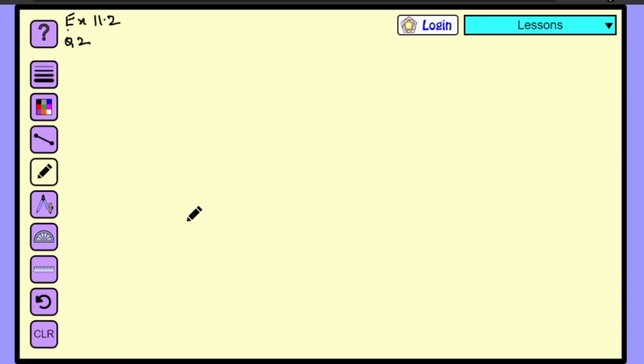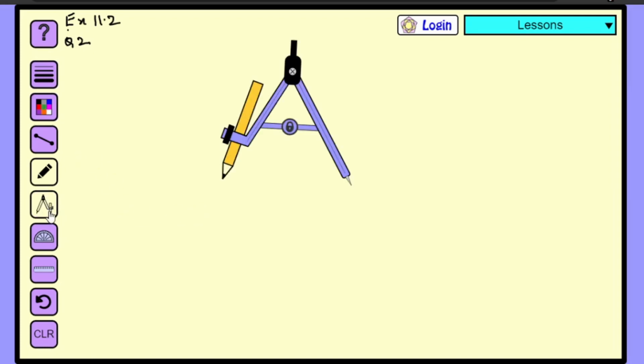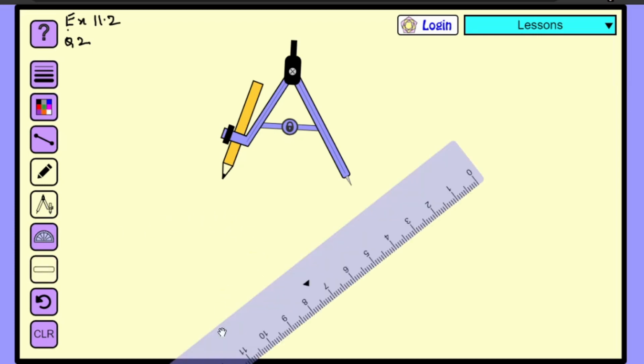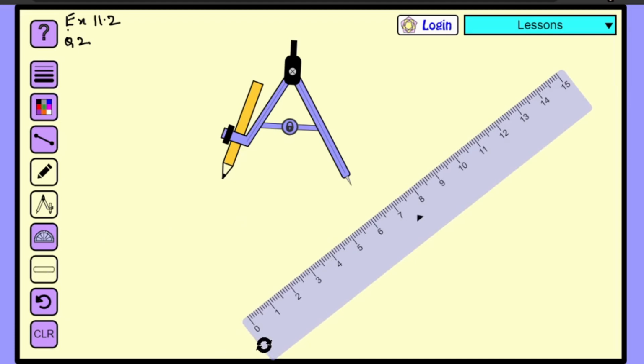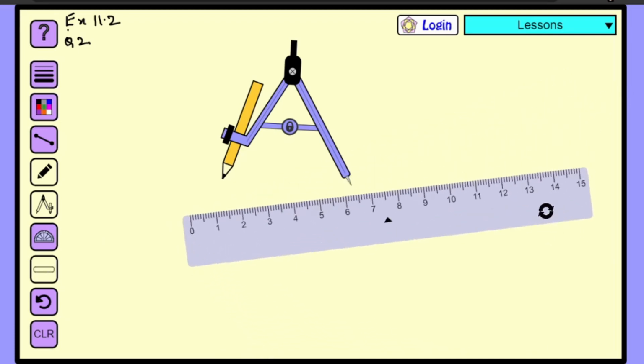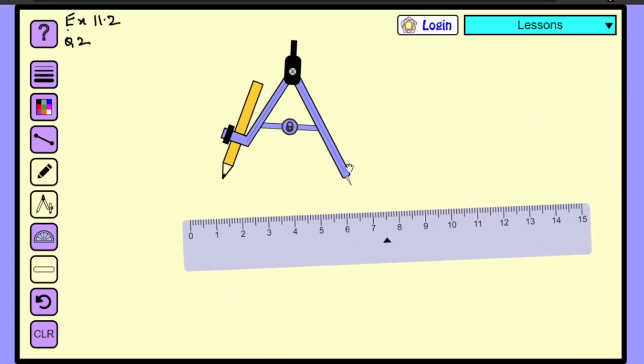That means we have to draw two concentric circles: one is a circle of radius 4 centimeters, another is a circle of radius 6 centimeters. First we will draw a circle of radius 4 centimeters. For that we will take a scale and take the 4 centimeters measurement.